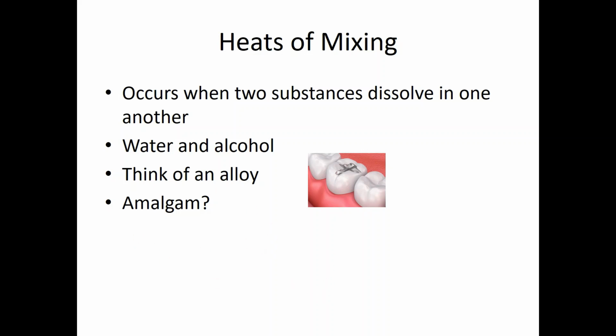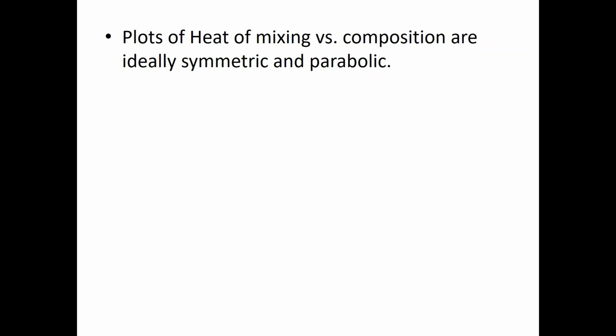So what we're going to do is look at the heat of mixing for a simple alloy system. If we plot heat of mixing for an alloy system, the plot is ideally symmetric and parabolic.